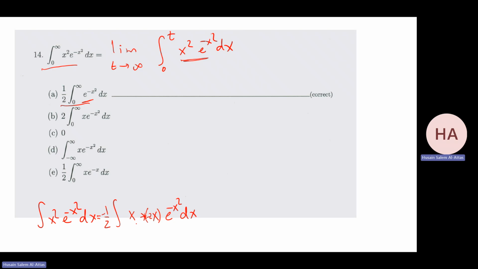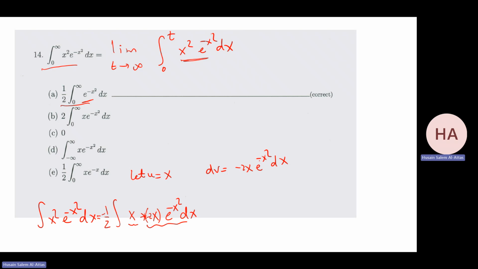So now I'll do integration by parts. I let u equal x and dv is minus 2x e minus x squared dx.